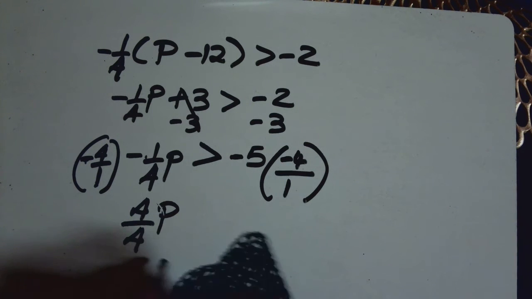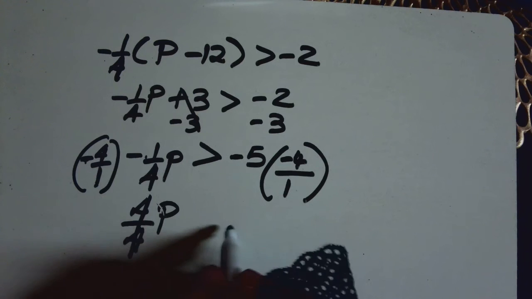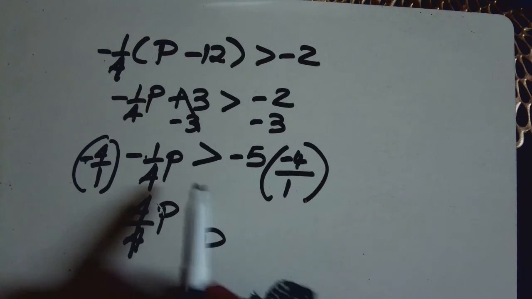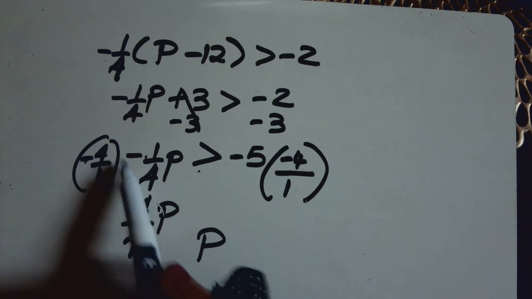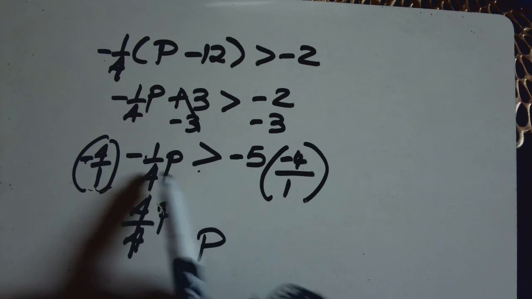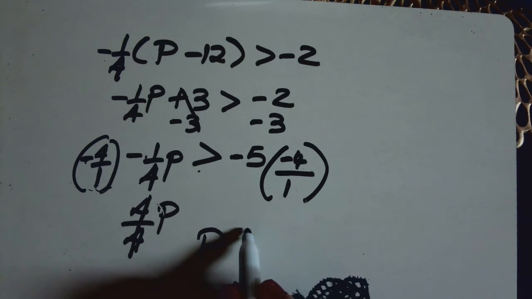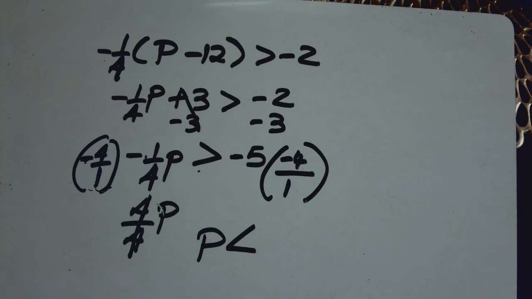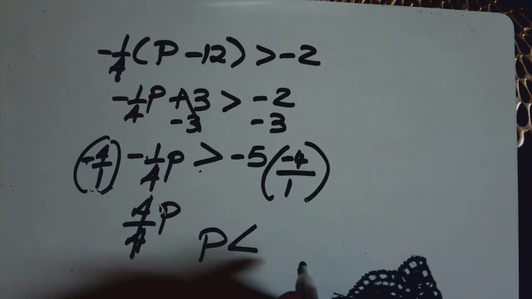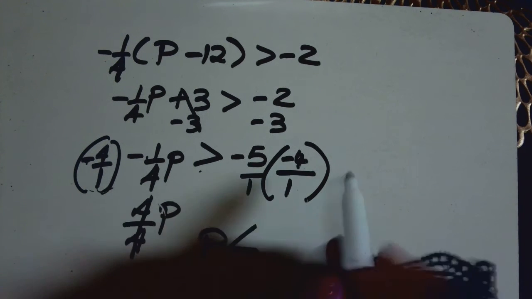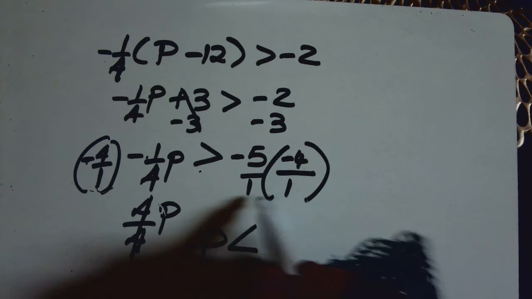Okay? So this is gone. So now we have p, but remember we multiplied or divided, doesn't matter here, by a negative, so we have to flip the inequality the other way. So it's going to flip this way, and then negative 5 times negative 4, you can think about this over 1, but 1 doesn't change anything.